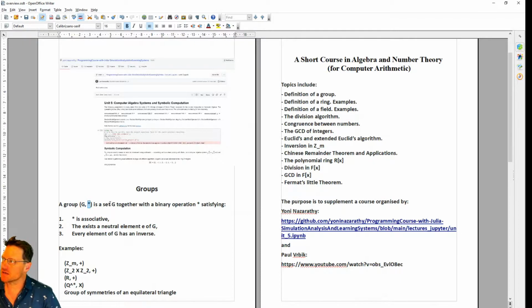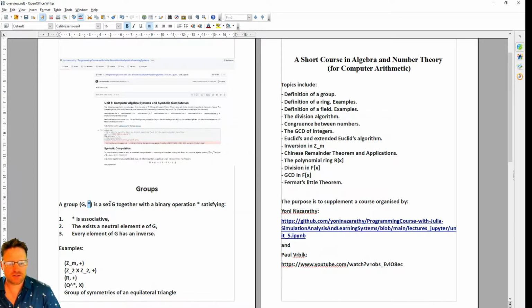And so what that means is it's an operation between two elements of that group that is closed, meaning that anytime you combine two elements in G, the result of that combination has to be an element of that set G. And it has to be well defined, meaning that there's no ambiguity in that definition, and you always obtain an element of G when you combine those numbers according to the rule of that star or asterisk.